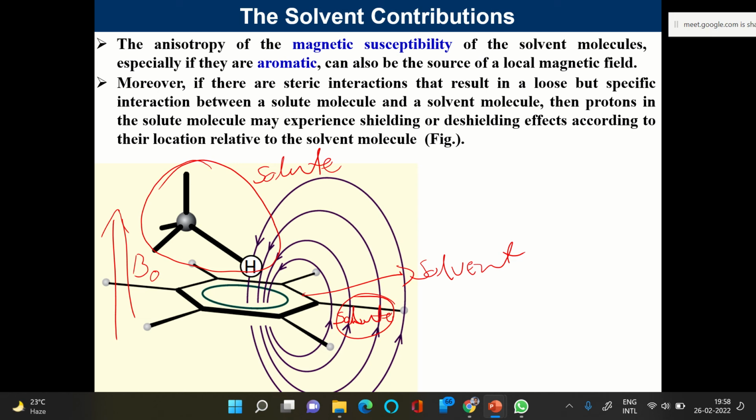If it is randomly moving, it may sometimes come in the plane of this. The solute may come in the molecular plane of the benzene.